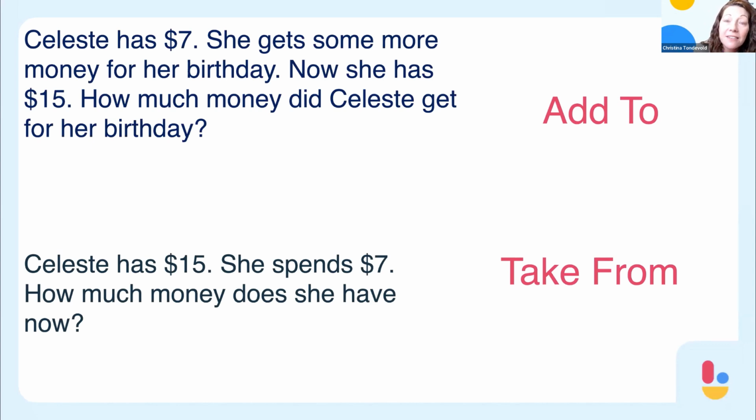The next piece of this though, how do you attach the symbolic version of this? So like, what is the equation that goes with each one of these? Okay, so take a moment and try to write the equation that would model that top problem, and then the equation that models the second problem.